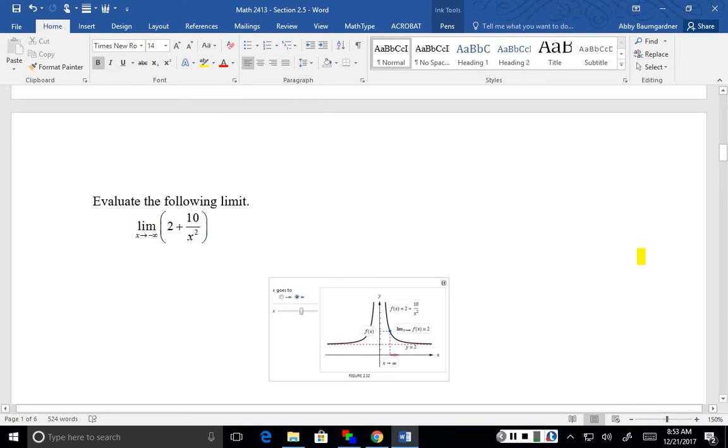And so what we want to do now is figure out a way to evaluate these limits, but we eventually want to attempt to do it algebraically.